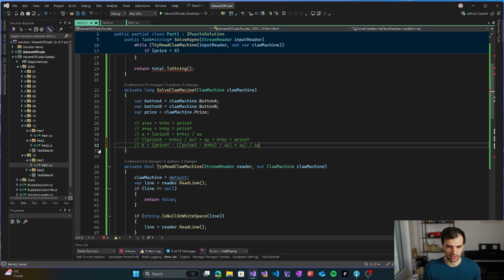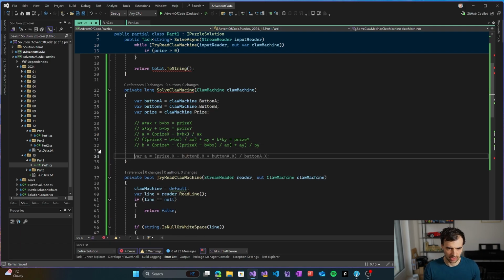So that's our equation. Now we need to figure out if this solution is going to be an integer solution. If there is an integer solution for this, then it means that it's solvable in an integer number of presses.